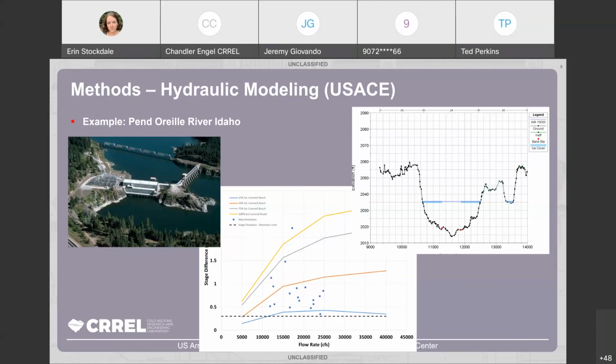So we actually went in and used a hydraulic model, HEC-RAS, to basically grow ice. We grew both the transverse ice across the cross section as well as the longitudinal ice upstream to downstream. And then we plotted it there at different flow rates, so you can see that plot at the bottom. We tried to figure out where the maximum deviations were.